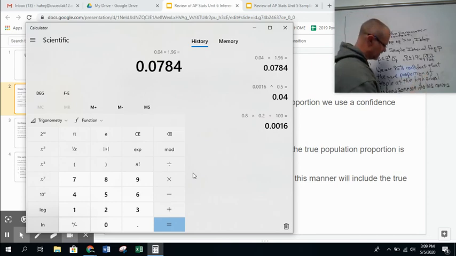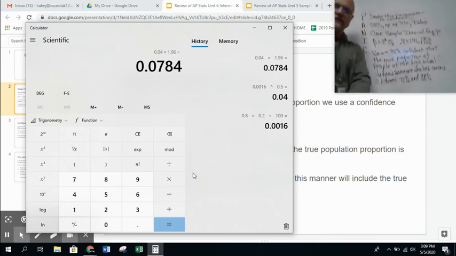I think it was 72% and 88%. There. Oh, and I ran off the screen there.